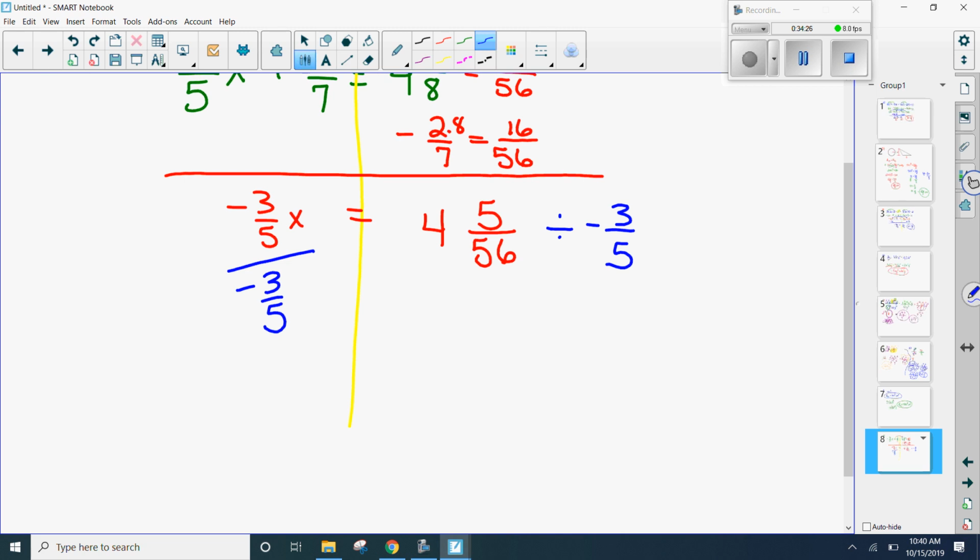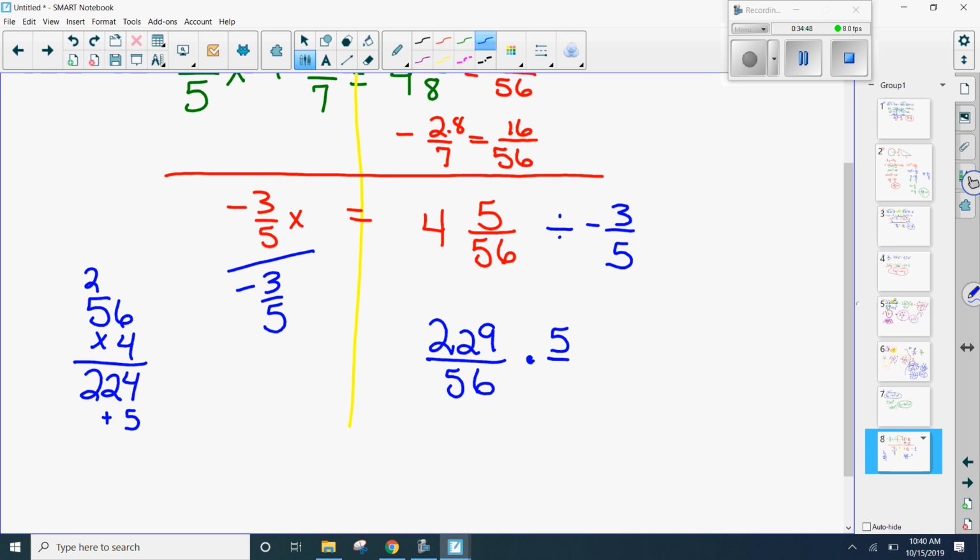Improper fraction. So you got to take 56 times 4, add 5. So you're going to end up with 229 over 56. Keep, change, and flip.